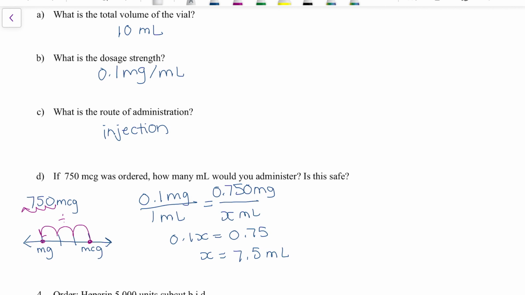If it was a syringe that was accurate to the nearest milliliter, let's say, then we'd have to round this to 8 milliliters, and then we'd have to determine the 10% variation and whether that fits within the calibration of the syringe and what's actually been ordered.